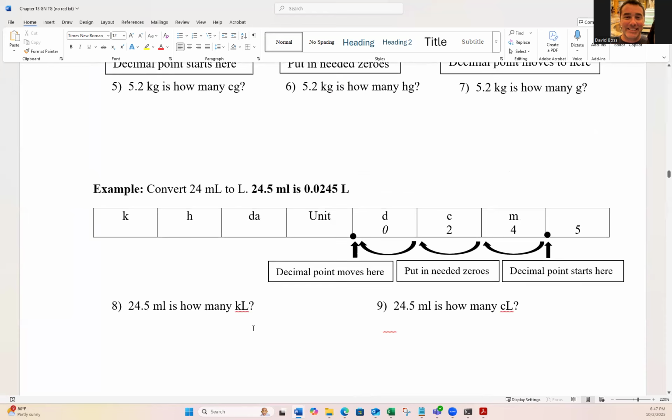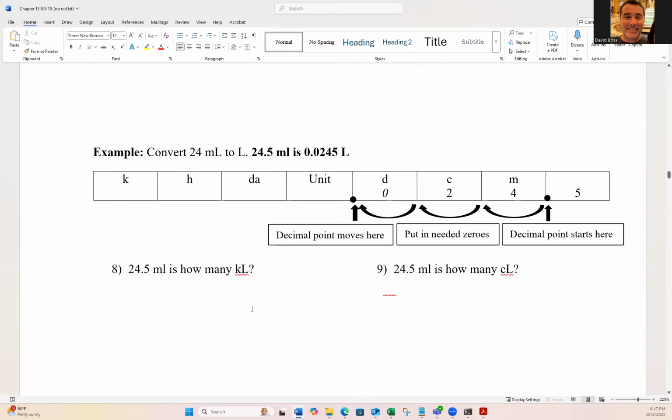All right. Let's convert 24.5 milliliters to liters. You start here. This is your milliliters. So you have 24.5 milliliters. The 5 doesn't have a label because it's less than a millimeter.